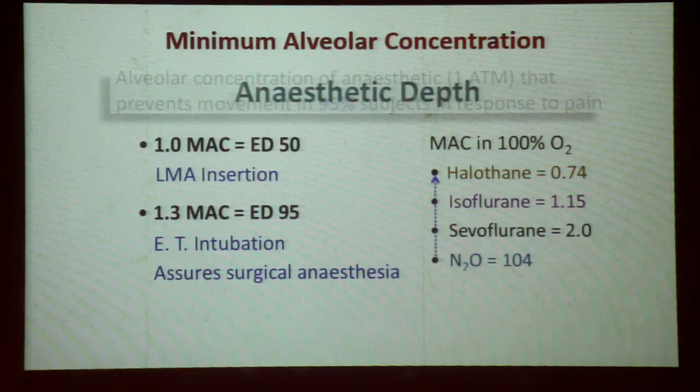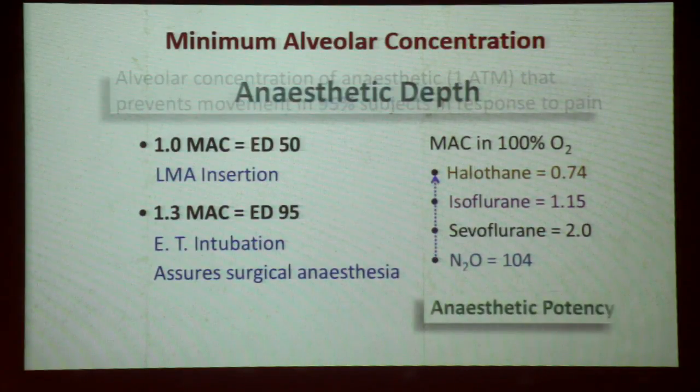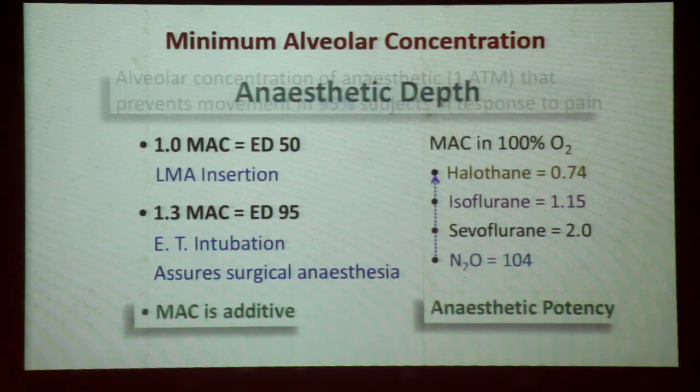Now different agents have different MAC because of their solubility or potency, so MAC is also used as a unit to compare different agents and their potency. So these are the two uses of MAC: to compare the potency of inhalational agents and as a marker of anesthetic depth. But we must remember that MAC is additive. So if you add two agents, it is additive and it can give you a higher value.